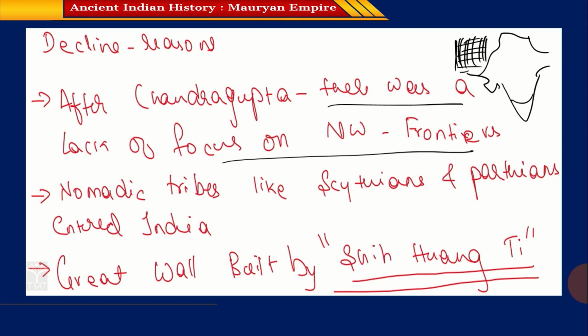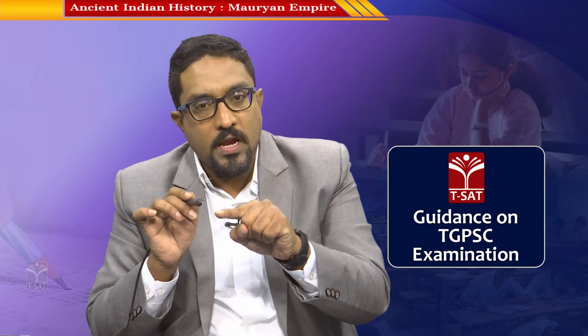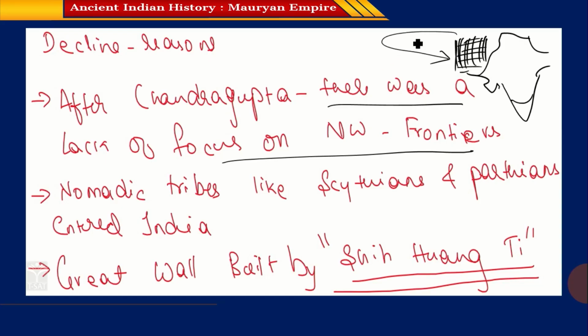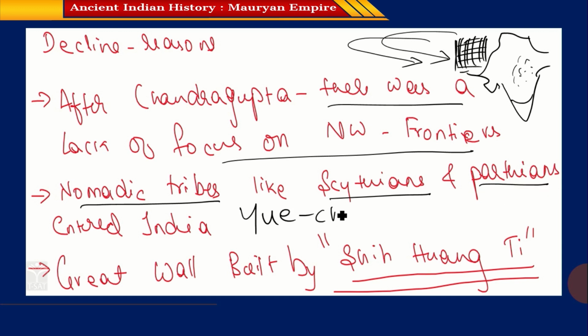So naturally, all the external invaders, Central Asian tribes, entered India via the Hindu Kush mountains and invaded us. Mauryans were entirely focusing elsewhere from Bindusara's period. These were nomadic tribes like Scythians, Parthians and Yuezhi. The Yuezhi are the ones whom we call Kushanas.